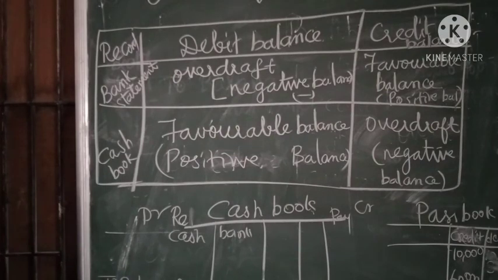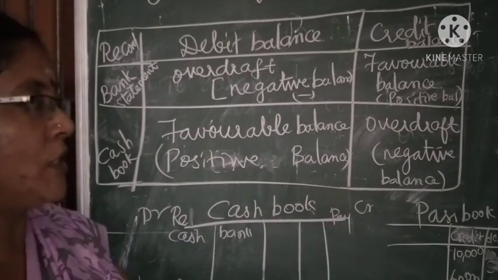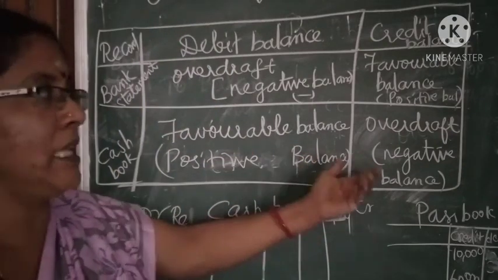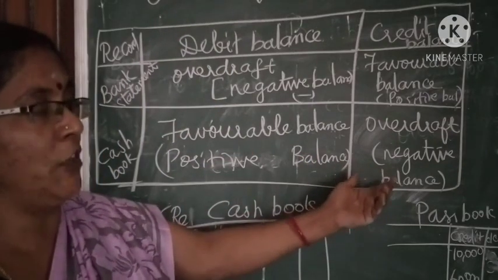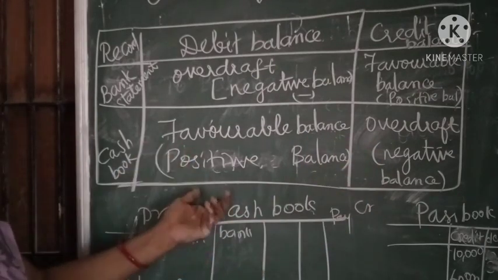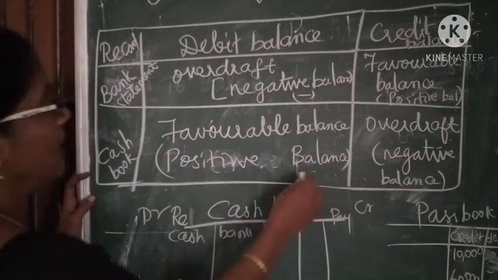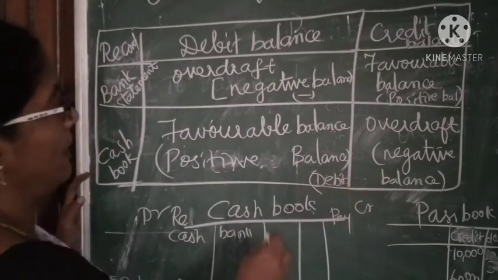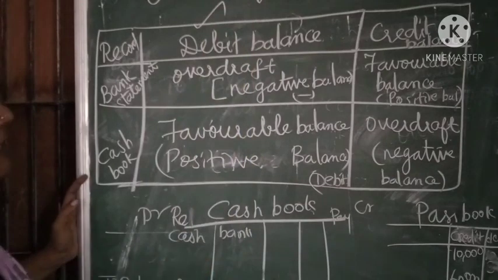Suppose in a rare case, payment is more than the receipt, that is an overdraft. That is a negative balance of the cash book. Favorable balance in the cash book is a debit balance. What balance? Debit balance. Isn't it?